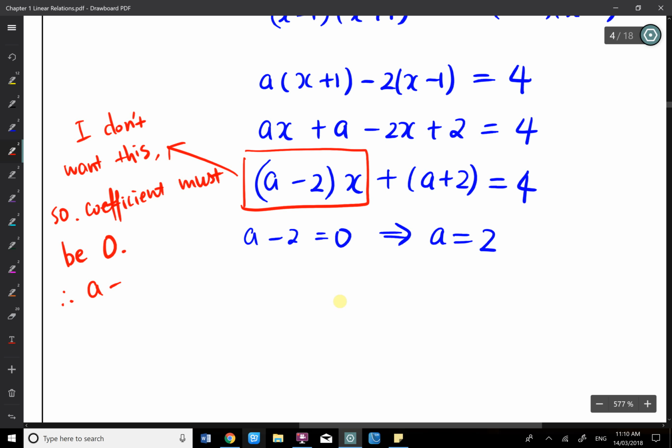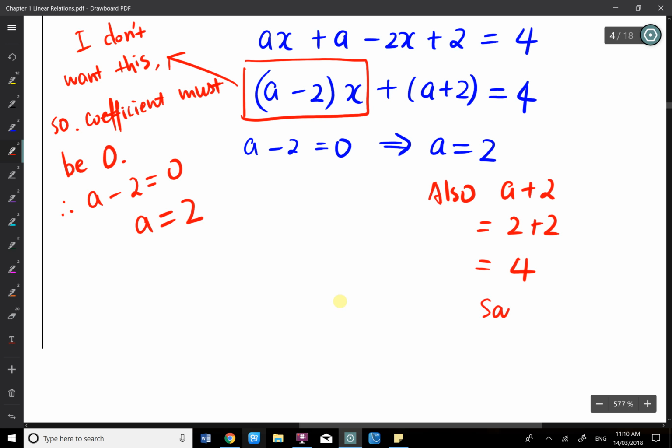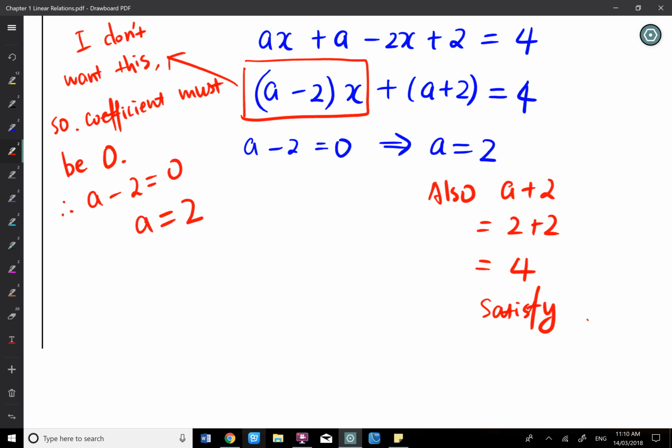So a minus 2 must be 0 and a equals 2. Also, a plus 2 equals 2 plus 2 equals 4. That satisfies the equation. So a is 2 in this question.